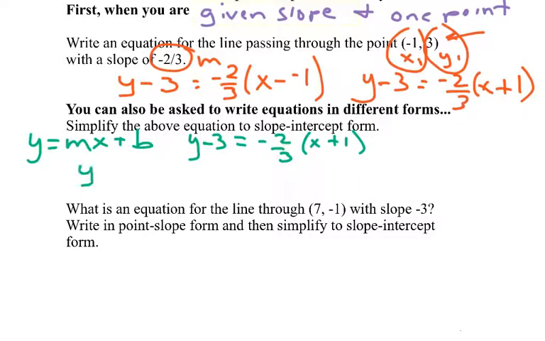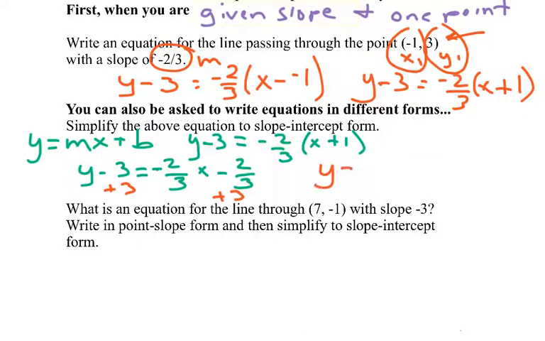So we're going to have y minus 3 equals negative 2/3 x minus 2/3 when we distribute that to the 1. And then we're going to get our y by itself, which means we're going to have to add 3 to both sides.